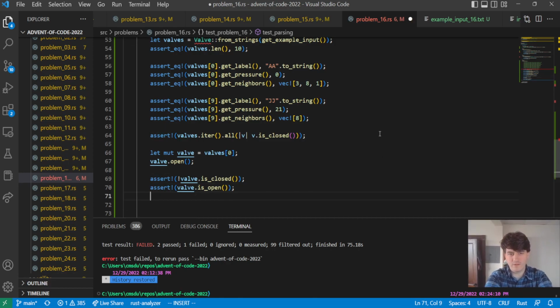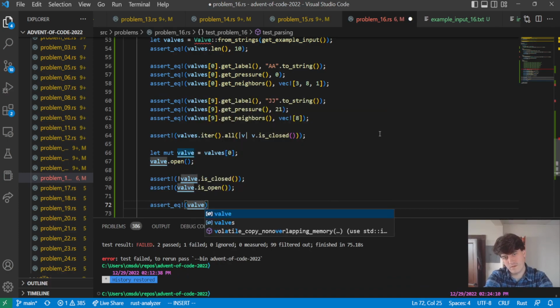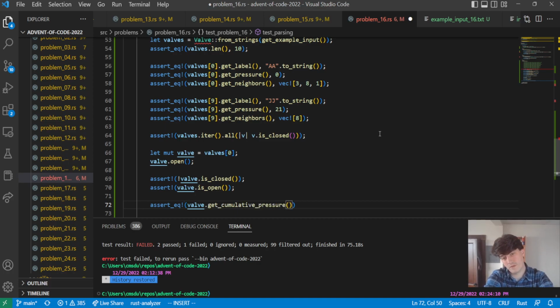And we also want to be able to say how much pressure each valve will release at some specific time. So assert equal valve get cumulative pressure from, and the from will be the time when it's opened.